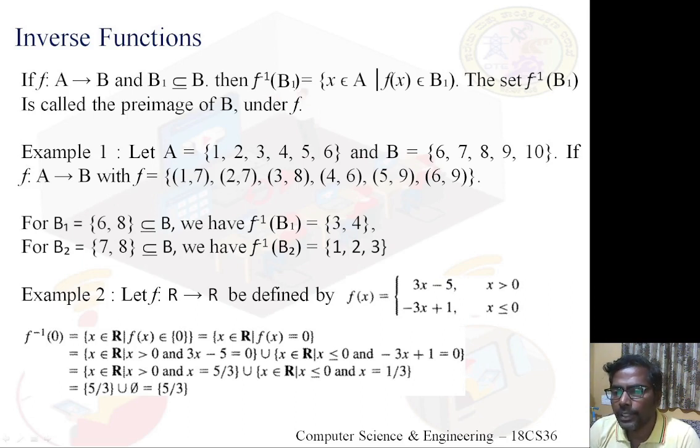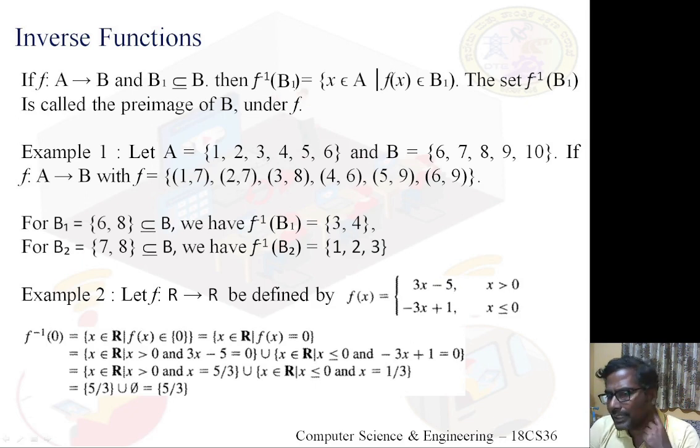I repeat, f of x equals 3x minus 5 when x is greater than 0, and f of x equals minus 3x plus 1 when x is less than or equal to 0.